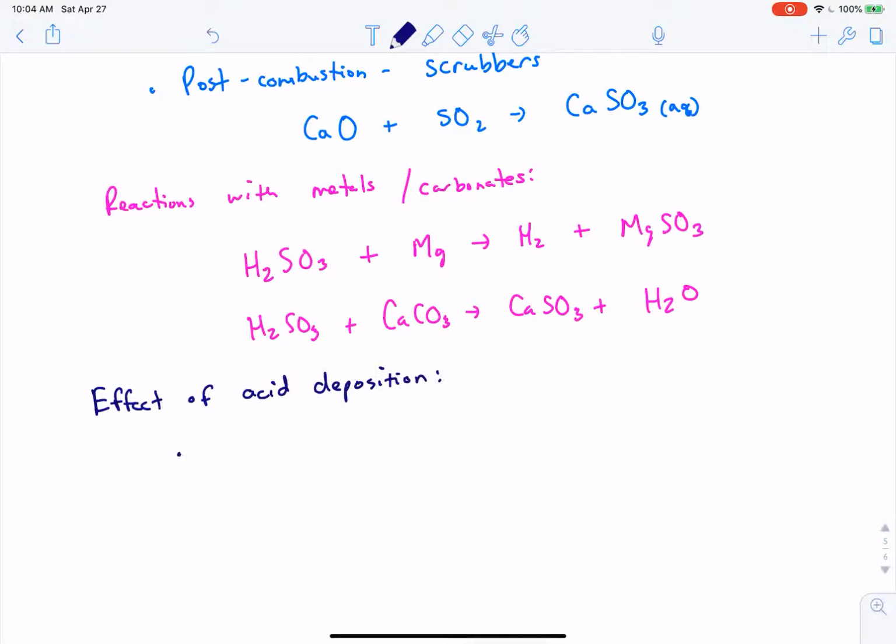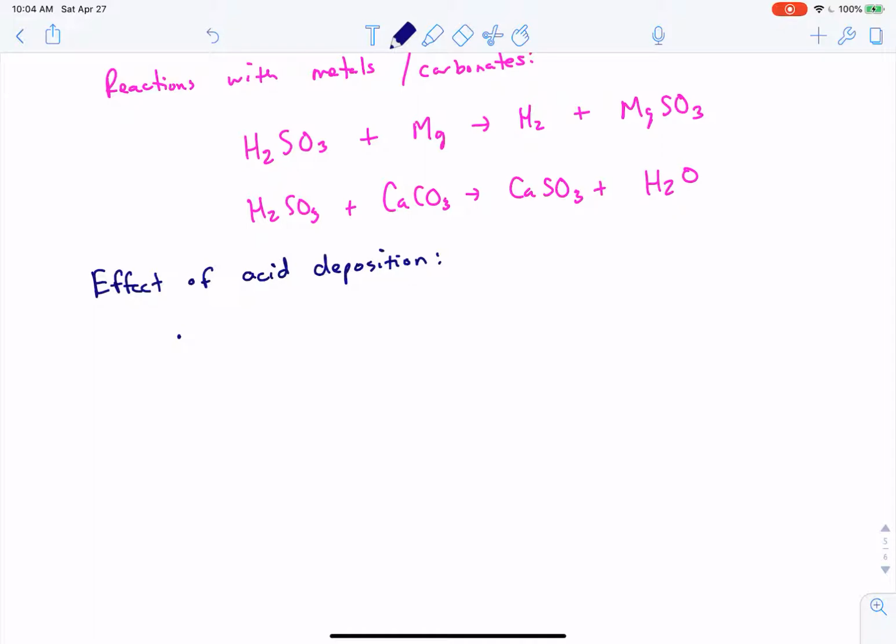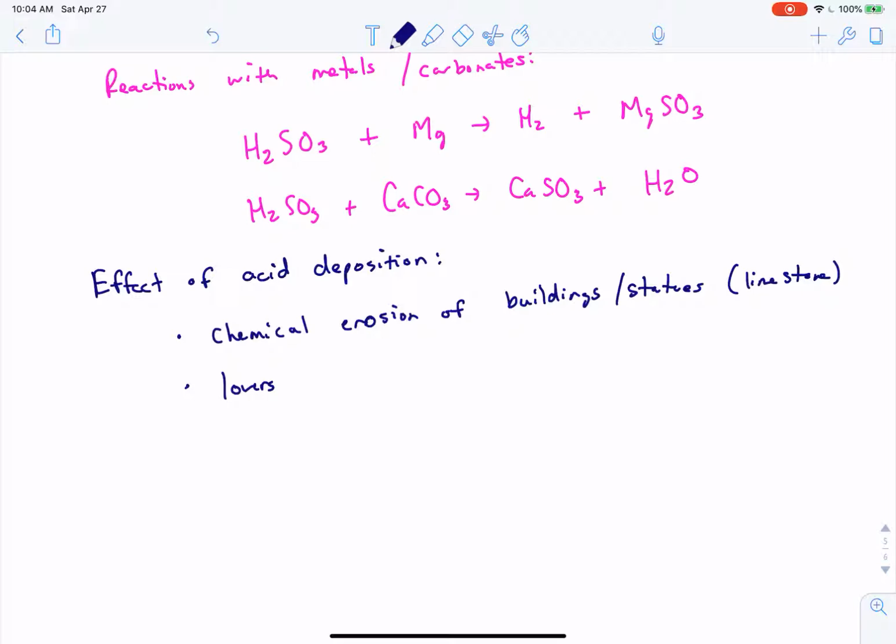If they ask you to state and explain two effects of acid deposition, one is, we'll say, chemical erosion of buildings and statues made out of limestone or metal ones as well. Essentially it accelerates the rust.